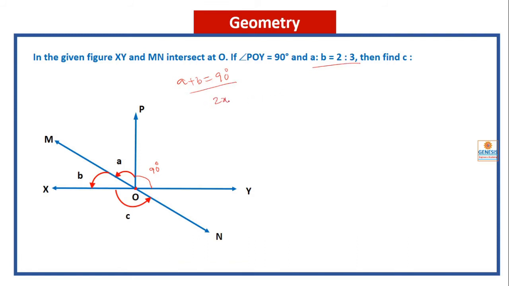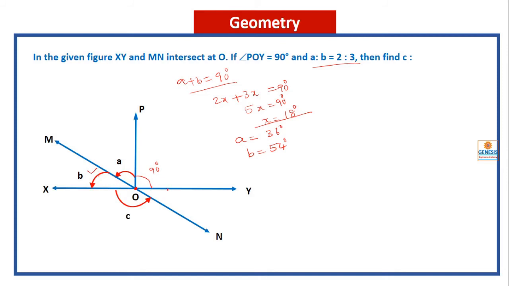We can take that as 2x and 3x. So 2x plus 3x is equal to 90, 5x is equal to 90, and x is equal to 18 degrees. A is equal to 36 degrees, B is equal to 54 degrees. You understand?